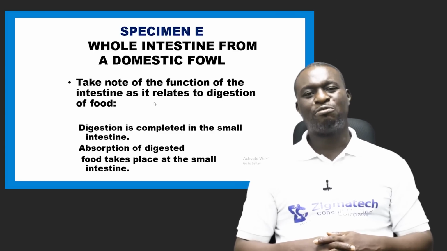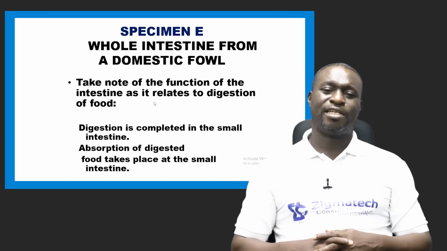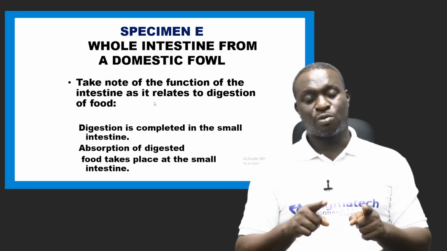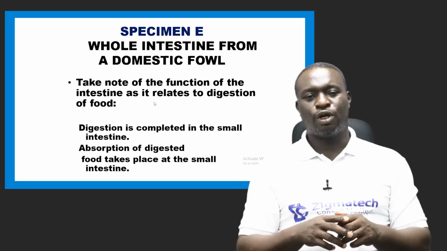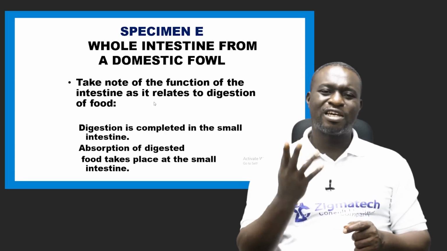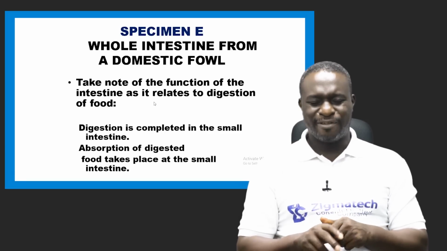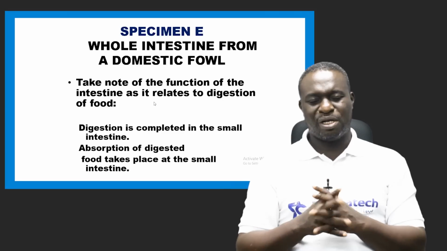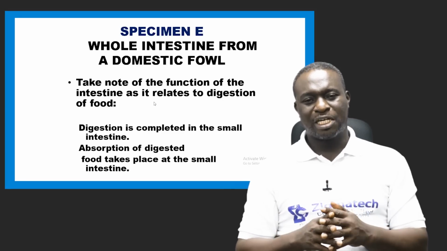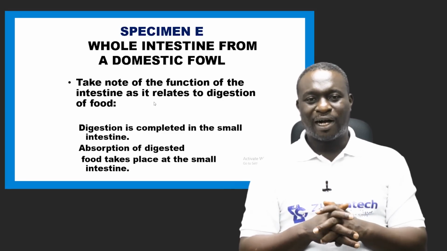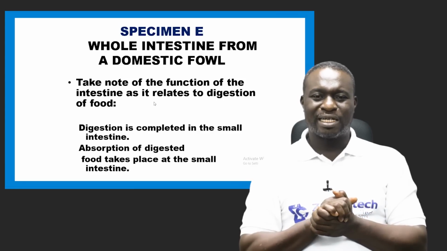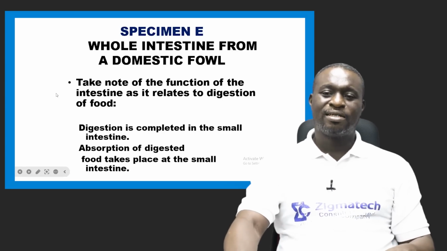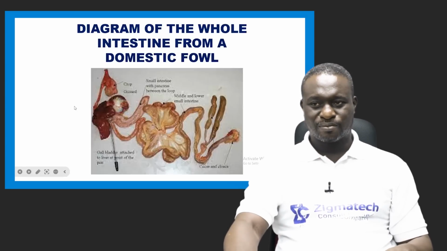And absorption simply means the diffusion of digested food from the small intestine to the bloodstream through a finger-like structure we call the villi. Now, I'm describing this based on humans. But please also take note, in domestic fowl, digestion is completed at the small intestine, and absorption also takes place at the small intestine.